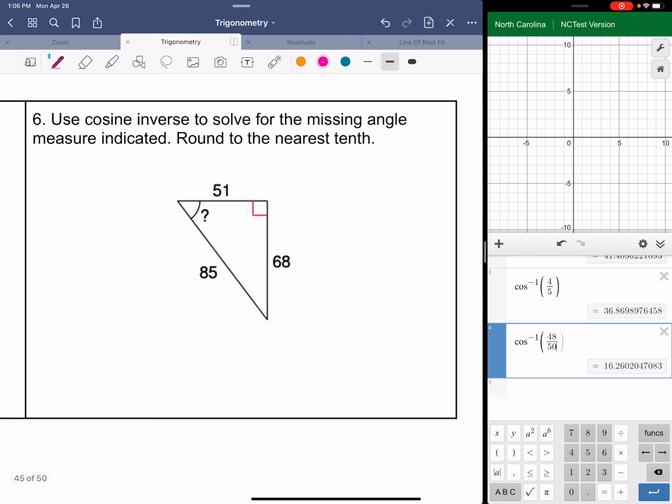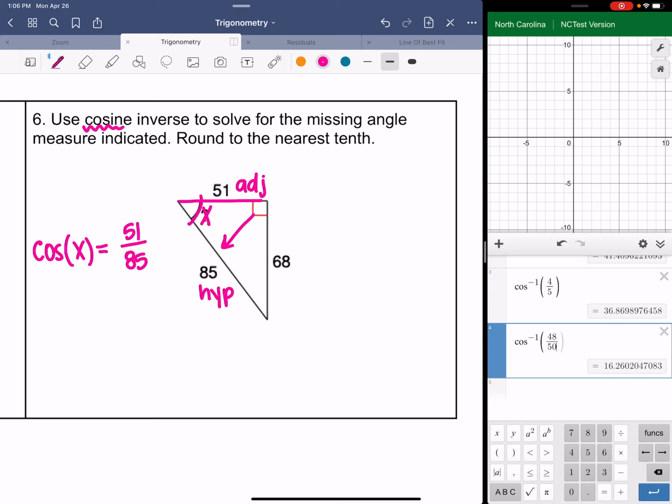Lastly, number 6, same setup. We need to find this missing angle, but we are told to use cosine. So with cosine, we need to identify the adjacent and the hypotenuse. I can start with my 90-degree angle. Directly across from that is going to be the hypotenuse, and the side that attaches to the angle is going to be adjacent. So we can set up the cosine of our missing angle x is the adjacent over the hypotenuse.